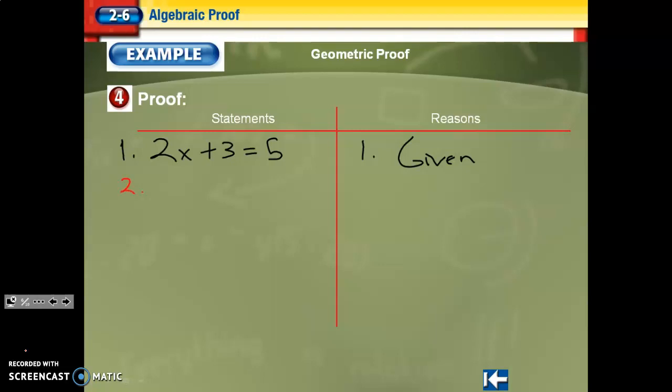Nope, it's just going to give me black. So we want to subtract 3 from both sides. So we get 2x equals 2. And again, one thing I forgot we're missing on this is to prove what are we trying to prove. Here we're just looking for an answer, so we're not really trying to prove anything yet, but we get the idea. So we just use the subtraction property, and then we'd use division, x equals 1.